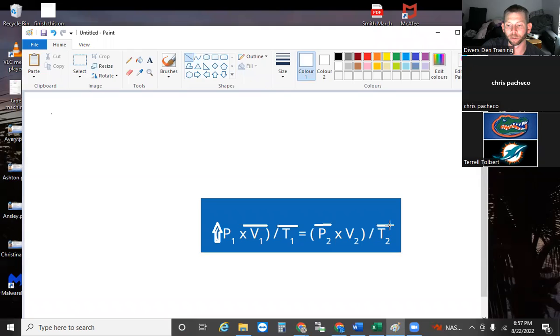What's going to happen to my volume over there? Well, because they're proportional, your volume would have to go up. Or conversely, if this stayed the same, then your temperature would have to go down to balance the equation, to make everything the same.